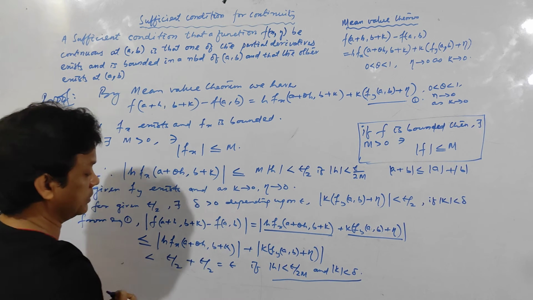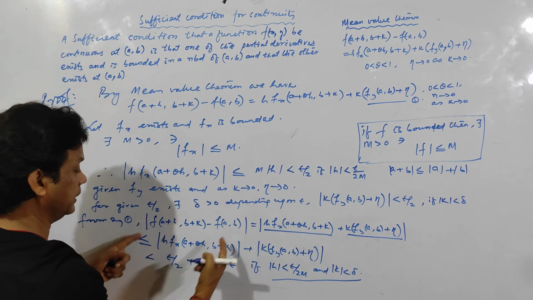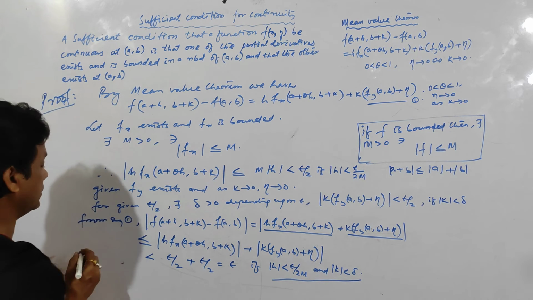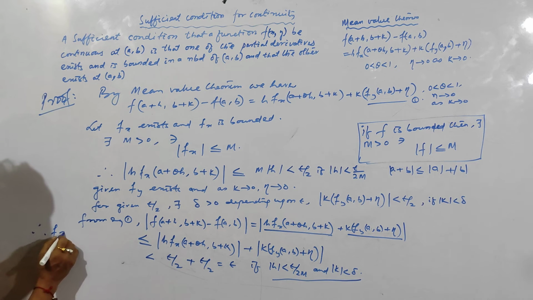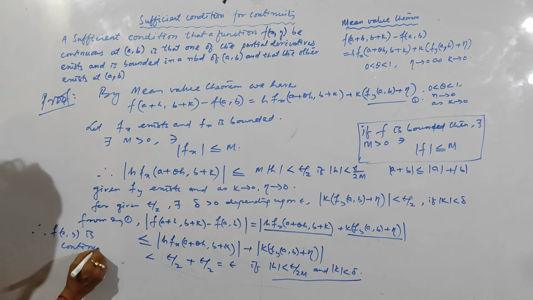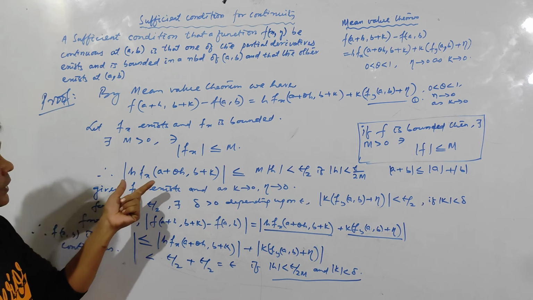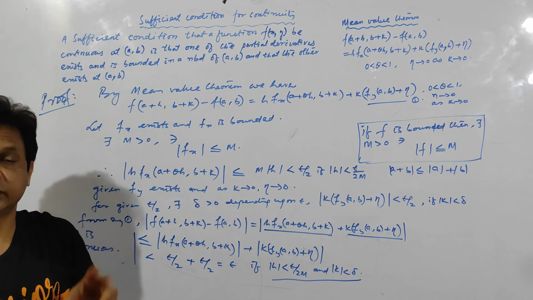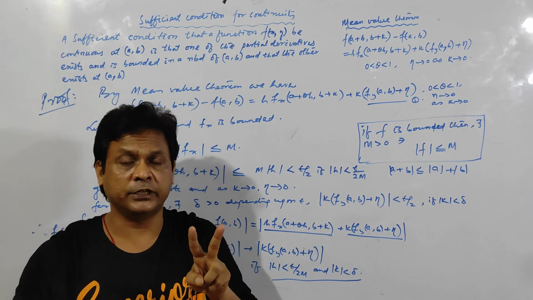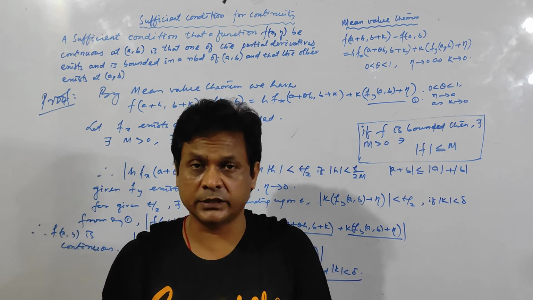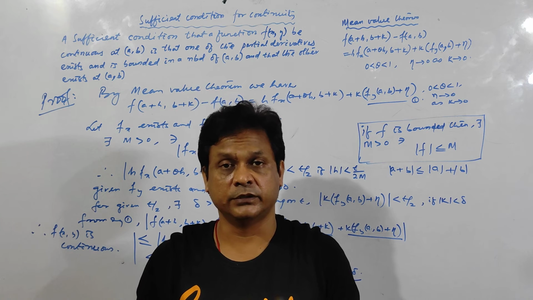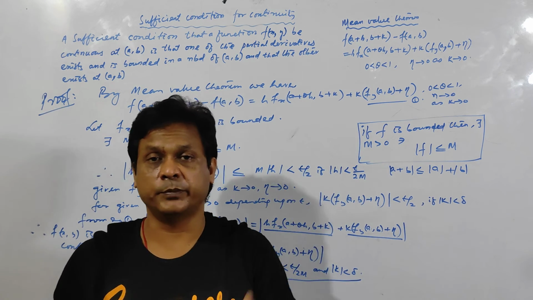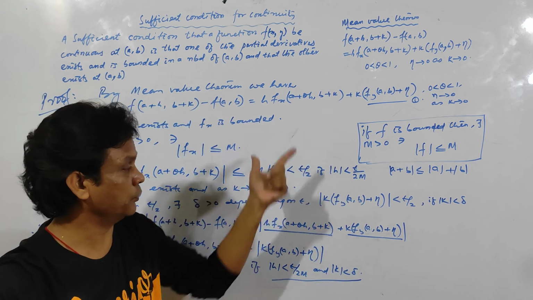Under these two conditions, the value of this one is less than epsilon, and hence f of x y is continuous. Similarly, you can take fx exists and fy exists and unbounded. I have told you both first order partial derivatives should exist and one of them should be bounded. Then the function f is said to be continuous. So this is the proof.